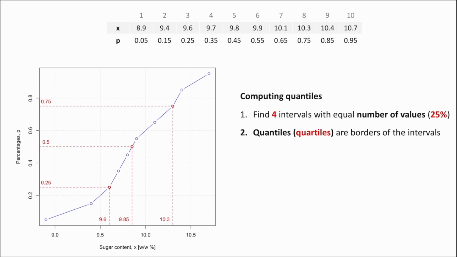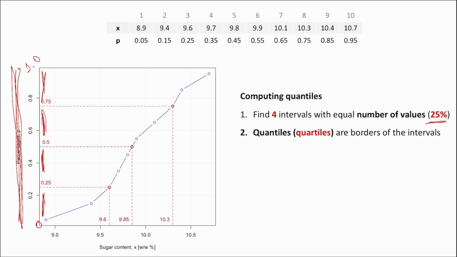For example, if we want to split our values into 4 equal portions, we have 25% of values in each interval, so we split our percentage range, which is between 0 and 1, into 4 equal intervals. The first interval is between 0 and 0.25, then between 0.25 and 0.5, then between 0.5 and 0.75, and finally between 0.75 and 1.